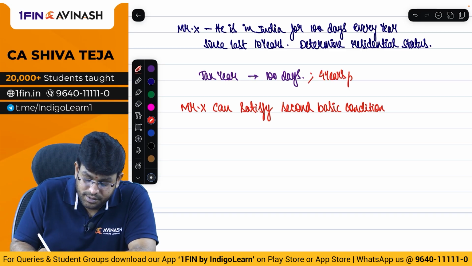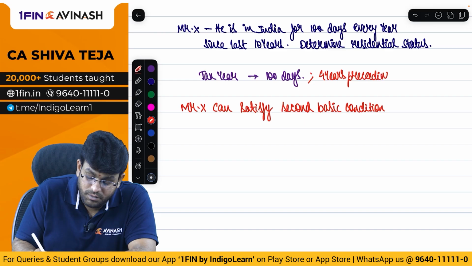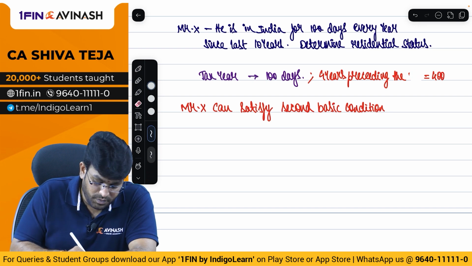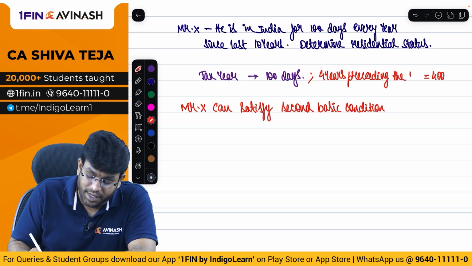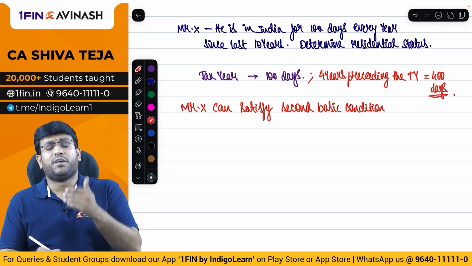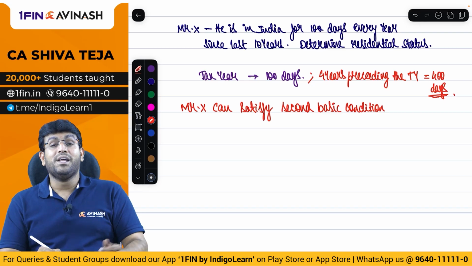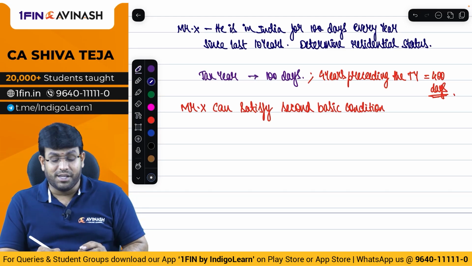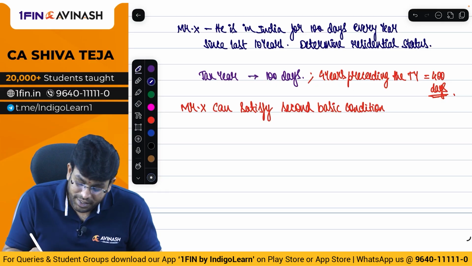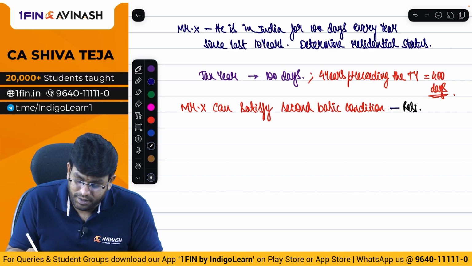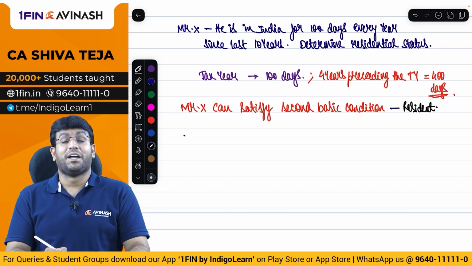And in the 4 years preceding the tax year, he is there for 400 days. How do I know 400 days is very clear? 100 days every year, 400 days. So can he satisfy the second basic condition? Yes. And once he satisfies the second basic condition, we will treat him as resident. Correct, no friends?